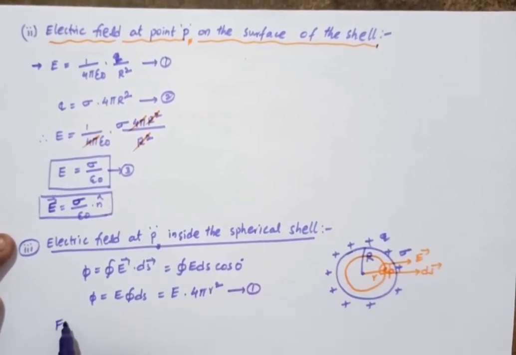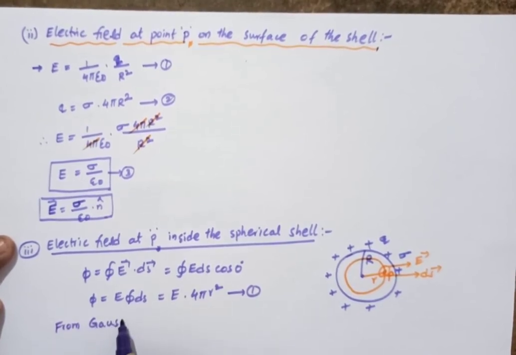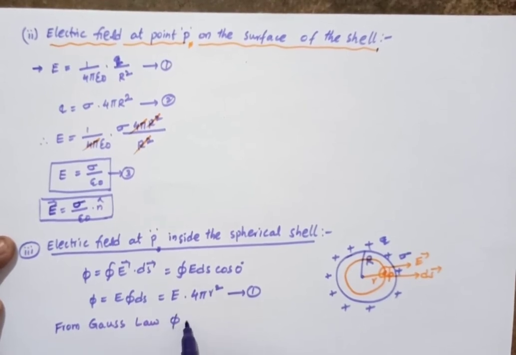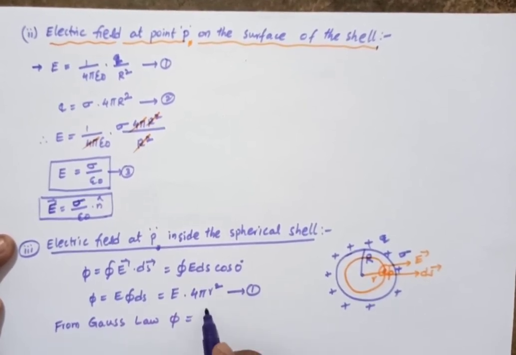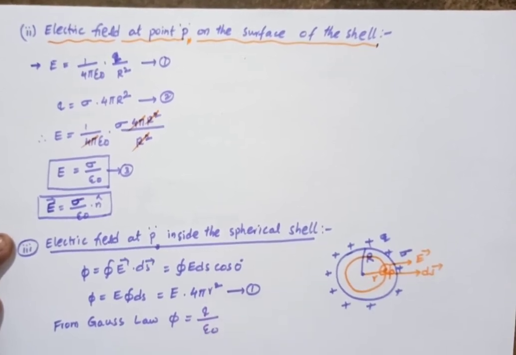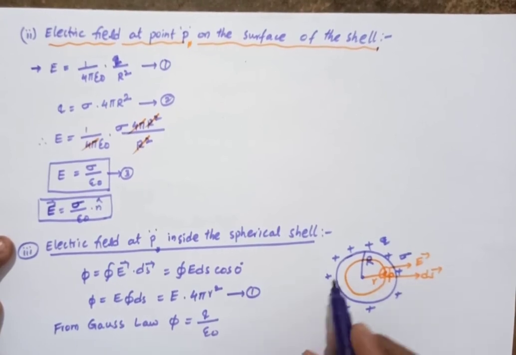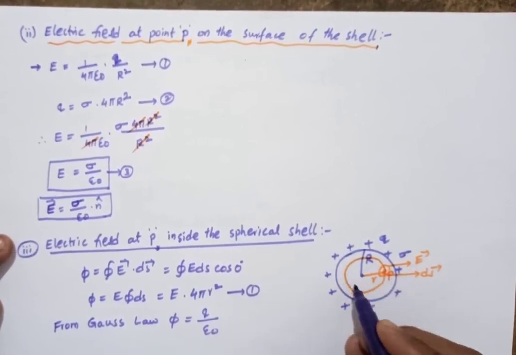From Gauss law, Φ equals charge by epsilon naught. Inside the spherical shell the charge q equals 0, then Φ equals 0.